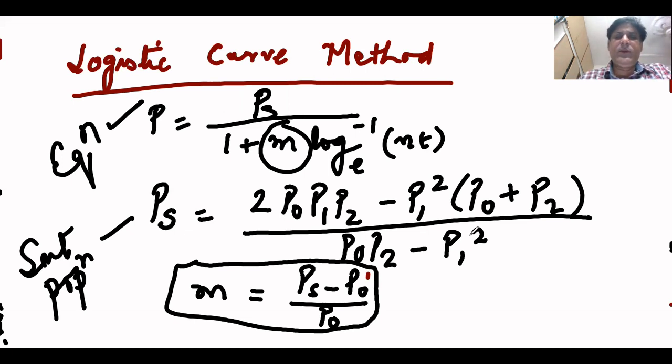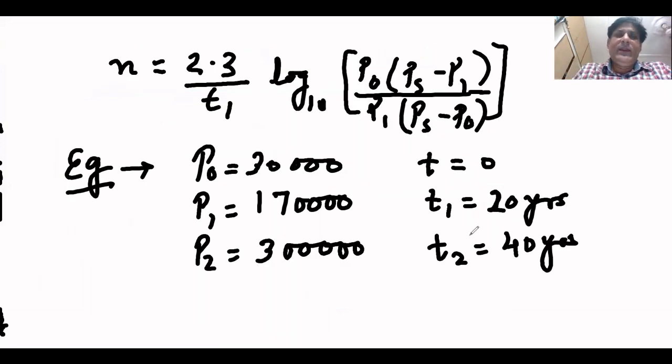M is (PS minus P0) by P0, right? N is given as 2.3 by T1 log to base 10 of P0 (PS minus P1) divided by P1 (PS minus P0). Now we have taken this example, right?